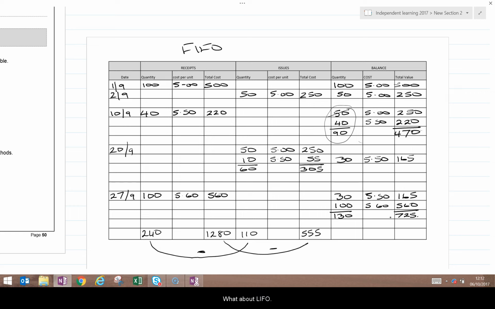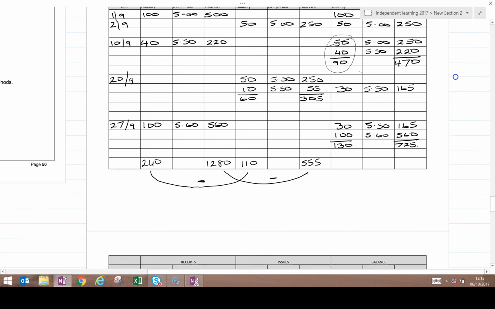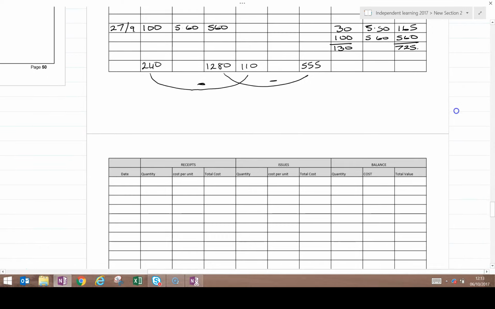So what about Lifo? Lifo uses the same basic method as Fifo, except we issue the last items received first. So I'm going to use those same figures, but this time using the Lifo method.